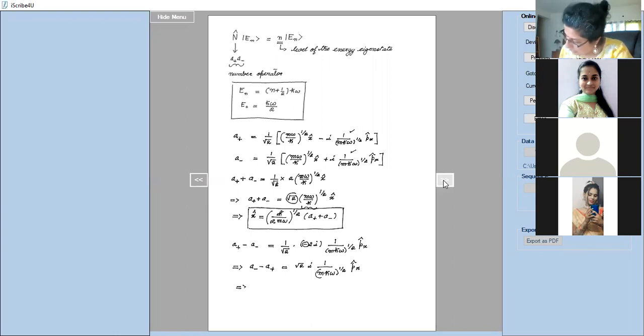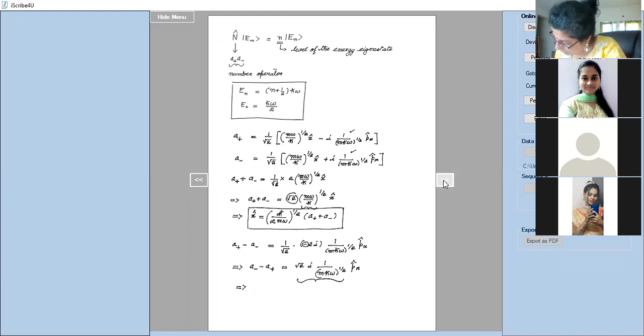which implies that we will bring this whole thing to the other side. I shouldn't have bothered with the changing of the minus sign. It would have taken care of itself.